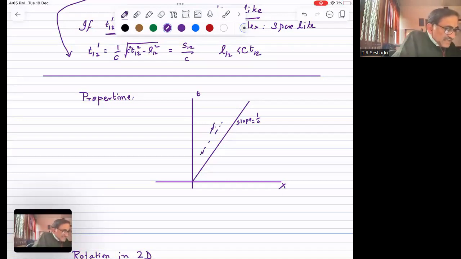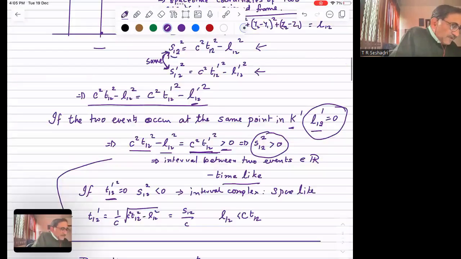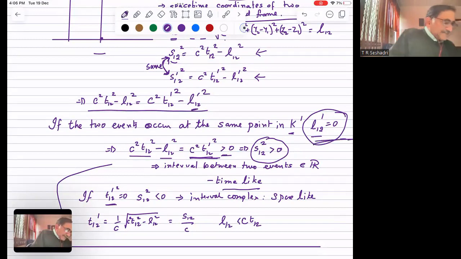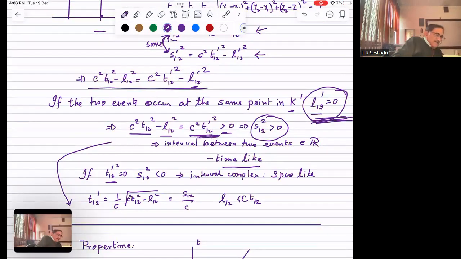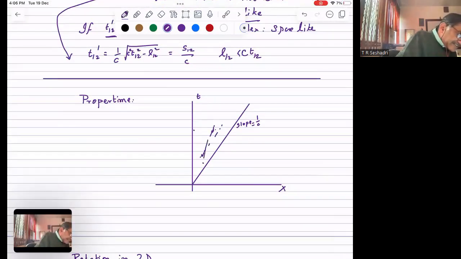What it means is I can always make a transformation and make it the time direction, exactly the way I have done it here. By making L12 prime 0, I have reduced it to a purely time thing. That is, two events happen at the same position in the primed frame. I can always bring it to that. And since here time is far more than space, I call it time-like.